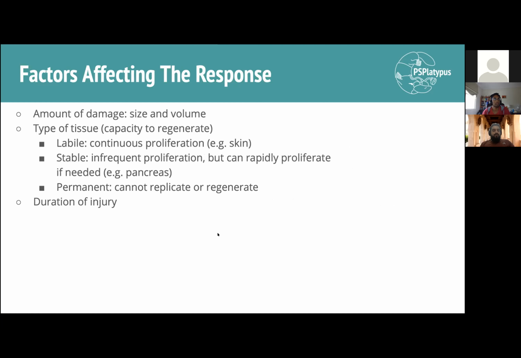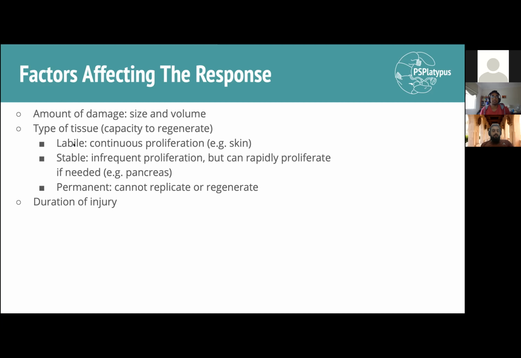There are three factors affecting the response, like will it be reversible or irreversible? Will the cells be regenerated or will they undergo cell death? The first factor is the amount of damage, the size and volume of this injury. Another factor is the type of tissue, and tissues are classified based on their capacity to regenerate into three types.